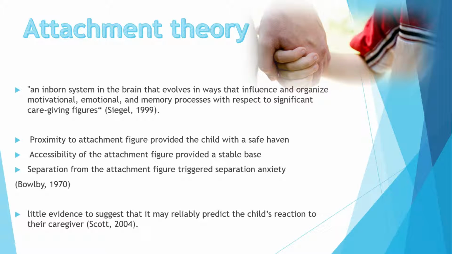According to Bowlby, proximity to attachment figure provided the child with a safe haven. Accessibility of the attachment figure provided a stable base where the child might be more likely to confidently confront challenges. And separation from the attachment figure triggered separation anxiety, a distress state where the child's energy will be focused on regaining the proximity to the attachment figure.